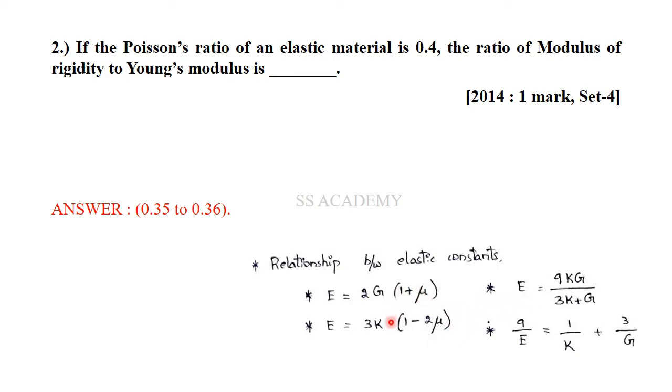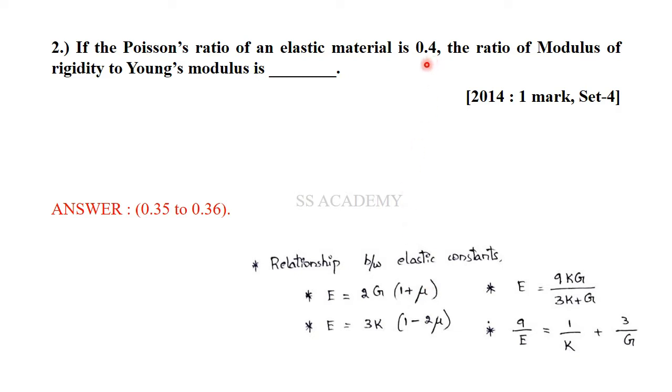Also, without mu, a relation between E, K and G is E is equal to 9KG by (3K plus G). These three relations are sufficient to find a third elastic constant from the values of two given elastic constants.